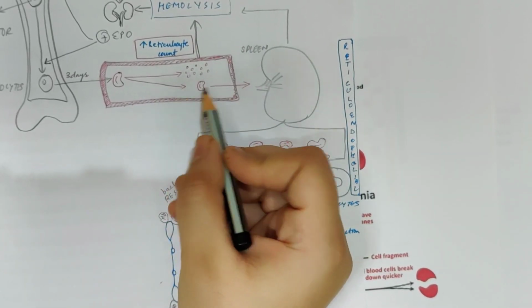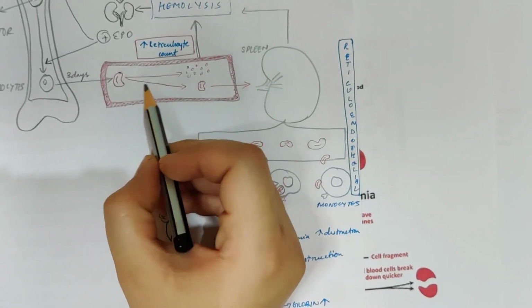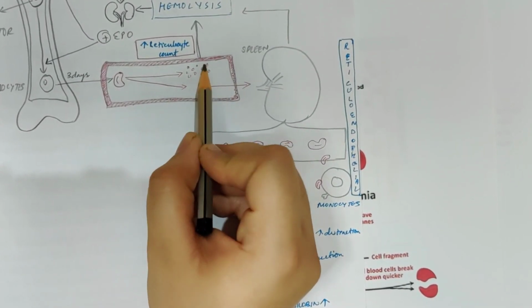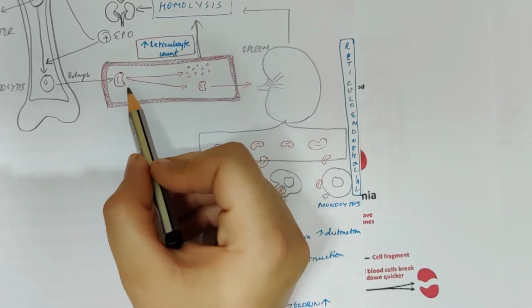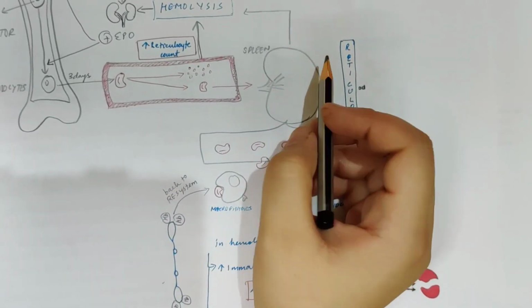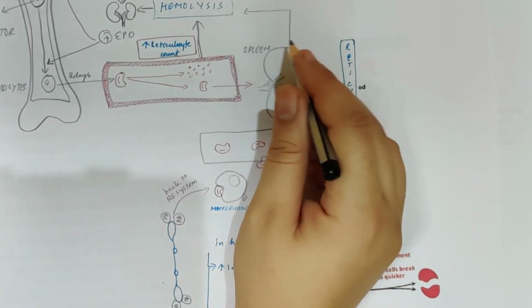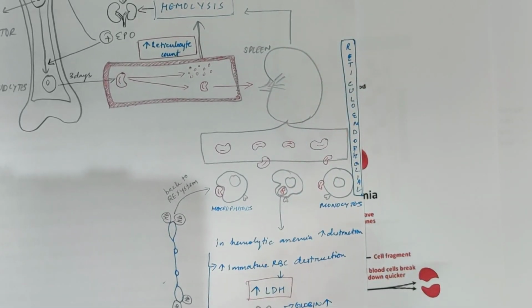Anything happening outside the vessel is called extravascular. So red cell destruction within the capillaries or the vessels is known as intravascular. When the red cells are destroyed outside, that is in the reticuloendothelial system, it is known as extravascular hemolysis.